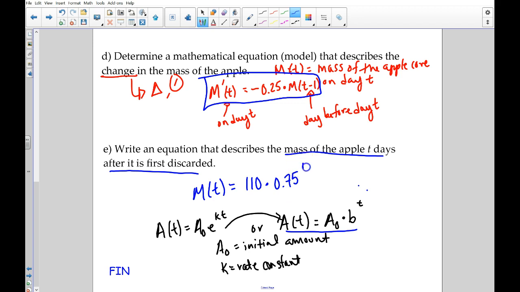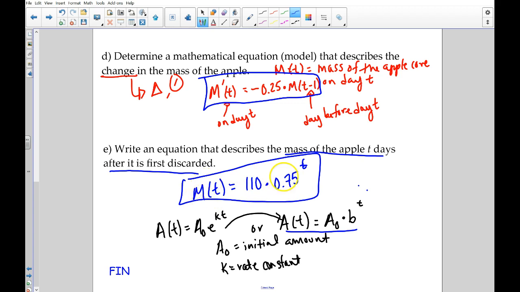So the mass on day 0 was 110, so I'd have to multiply by 0.75 no times. When I do it as an exponential, if I have t as 0, this quantity will be 1, so I'll just get 110.